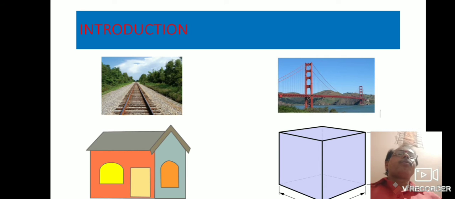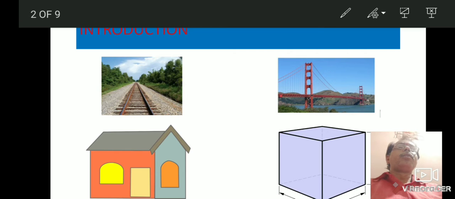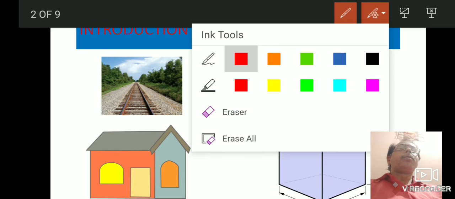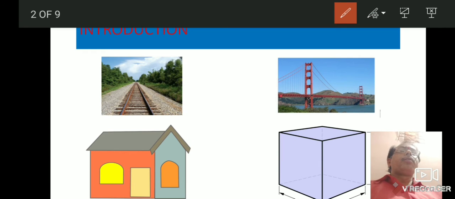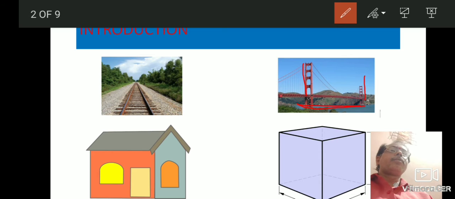Here we have this horizontal path, just like a line segment, and these two vertical bridge stones, just like vertical line segments.